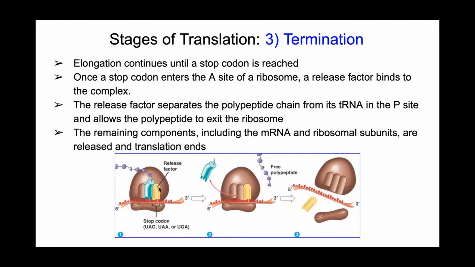It separates the polypeptide chain from its tRNA in the P site and allows the polypeptide to exit the ribosome. Then the remaining components, including mRNA and ribosomal subunits, are released, and translation ends.